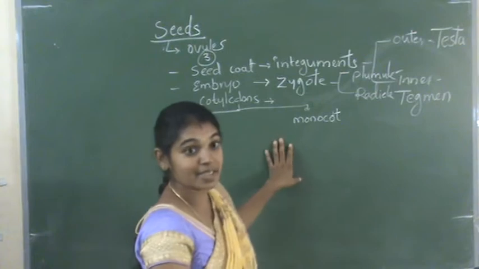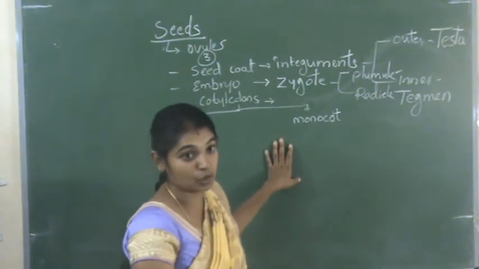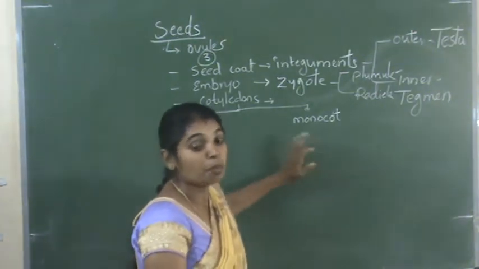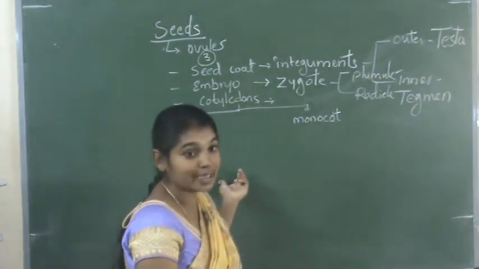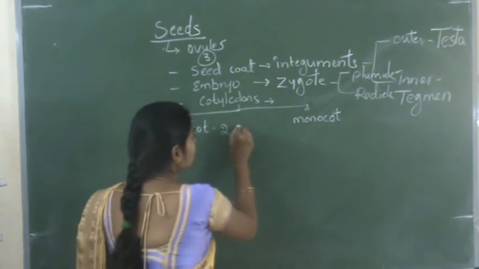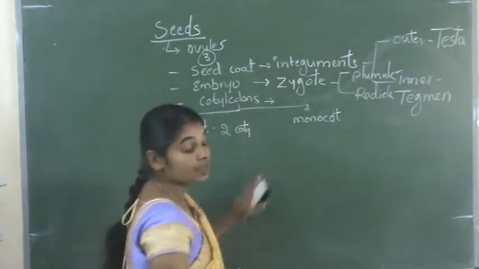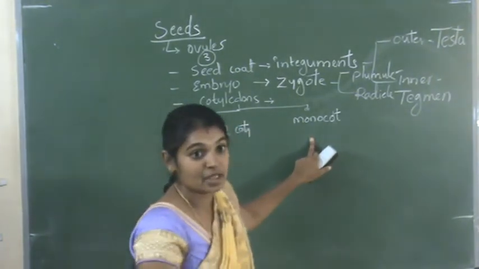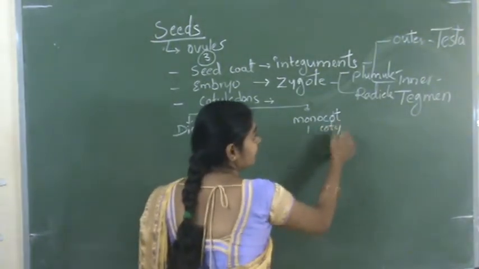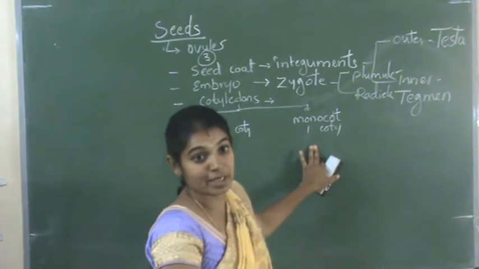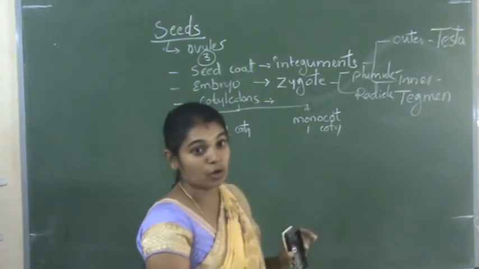Accordingly, seeds are also classified into two types: dicot seeds and monocot seeds. Dicot seeds consist of two cotyledons, and monocot seeds contain only a single cotyledon. Only one cotyledon is present in the seeds of monocots.